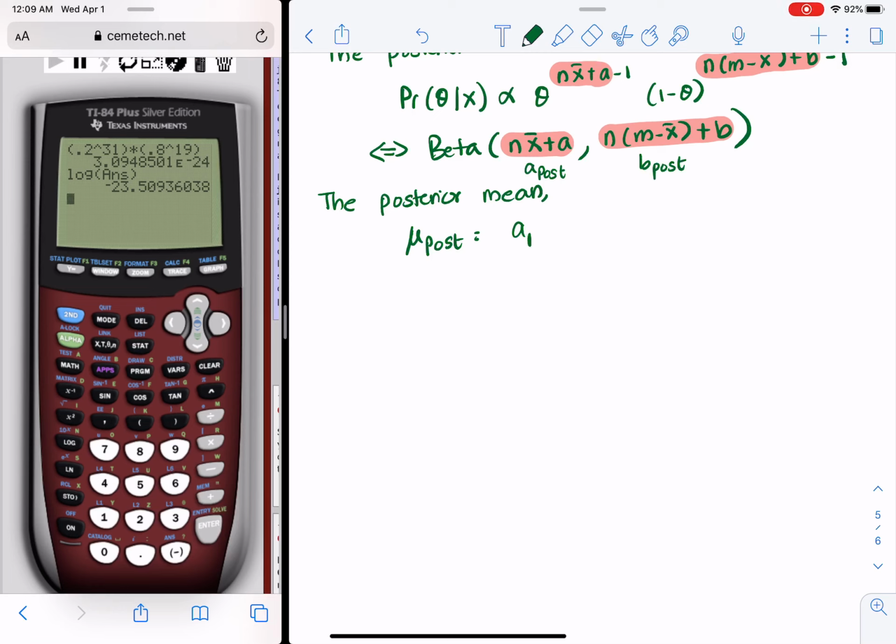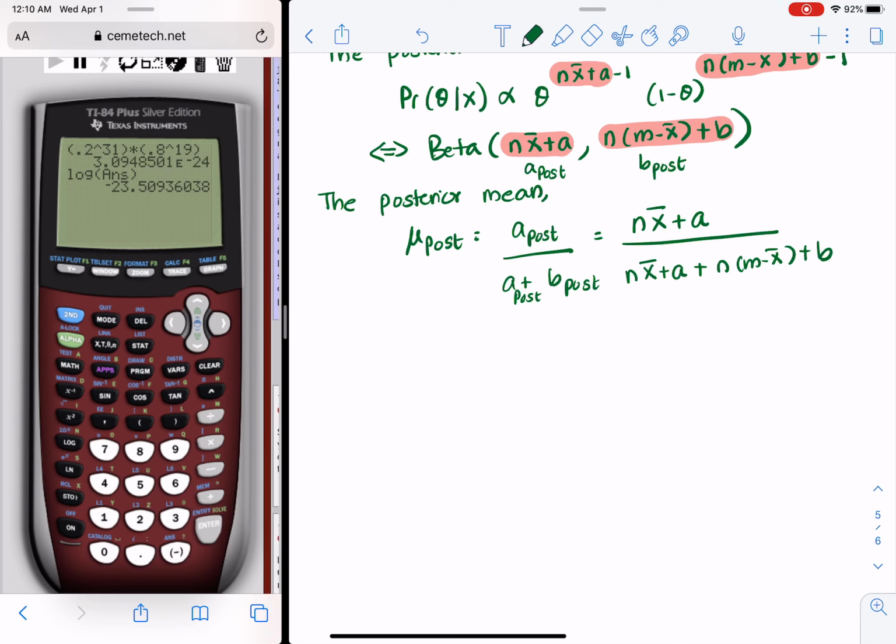We have A post over A post plus B post, which is n x bar plus the A of the prior divided by n x bar plus A of the prior plus n times m minus x bar plus b of the prior.